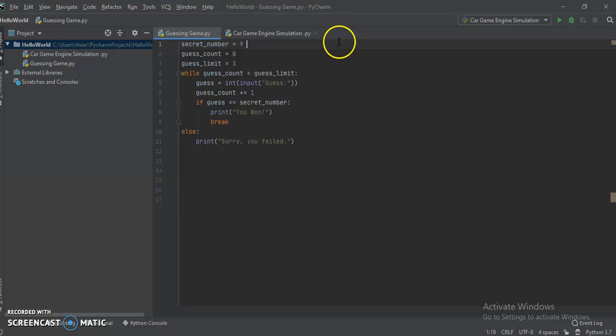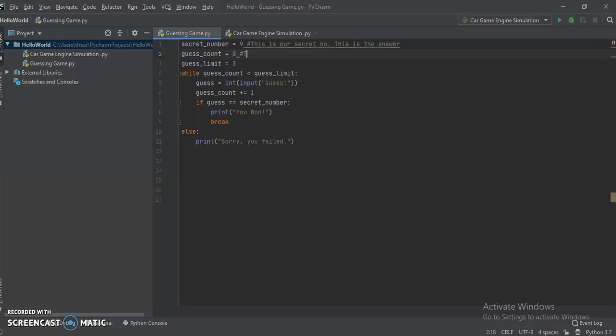Okay? So first, what is the secret number? The secret number is the answer that people are looking for. Guess count is another very important thing.